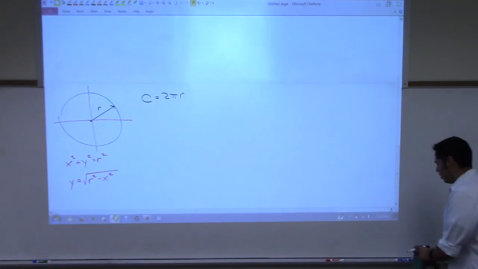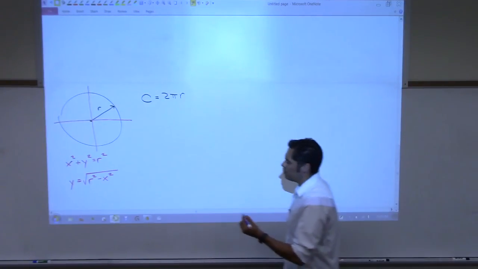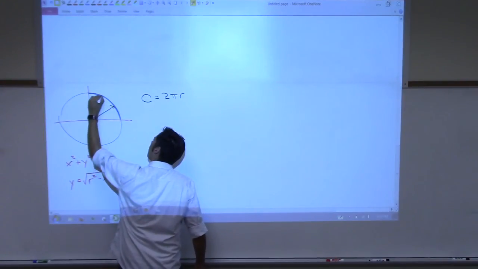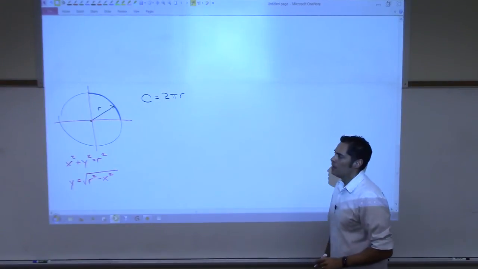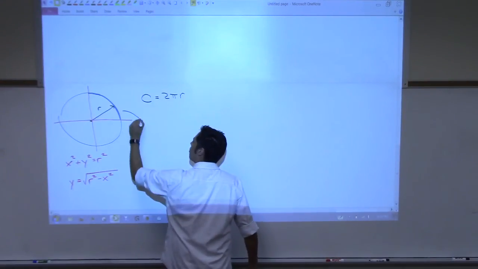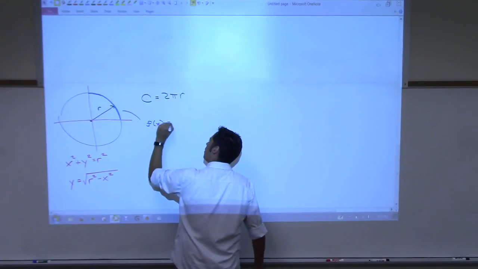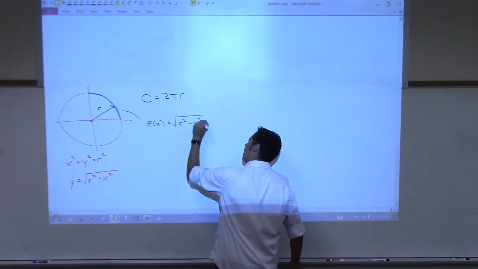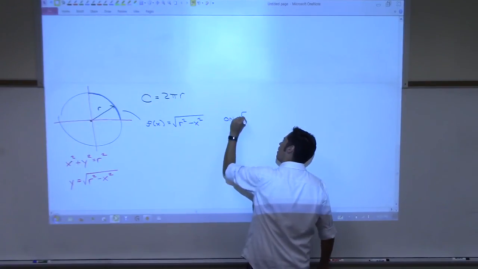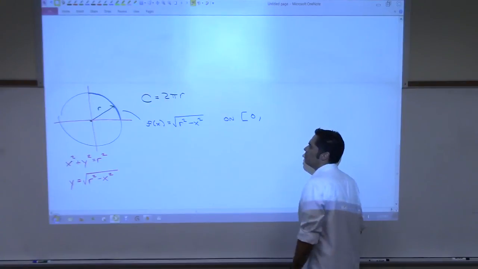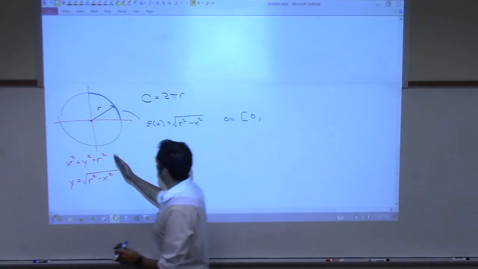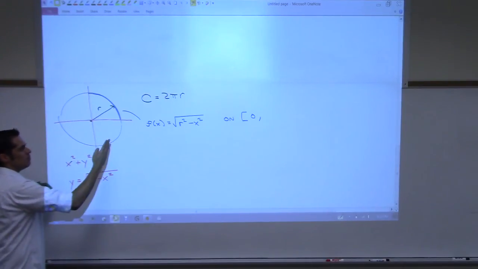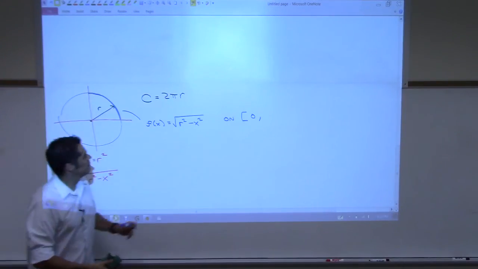So, what I'm going to do, see if I can convince you of this. I'm just going to look at this first little quarter of the circle right there. I know that I can draw that piece of the circle using the function f of x is equal to this. And I can do that on this interval, 0 to what? 0 to r.